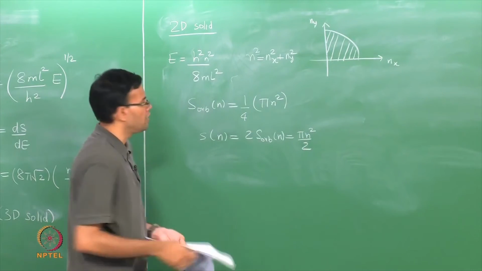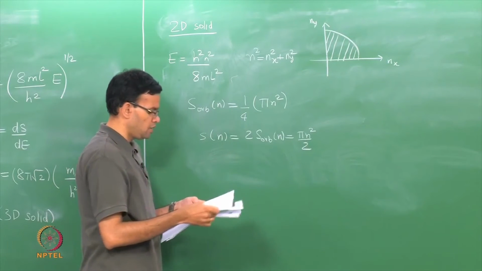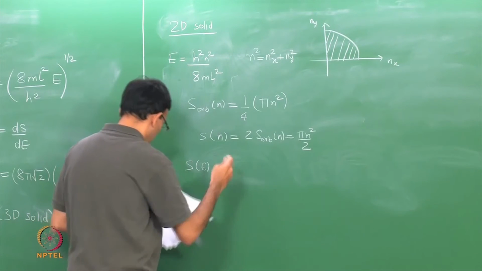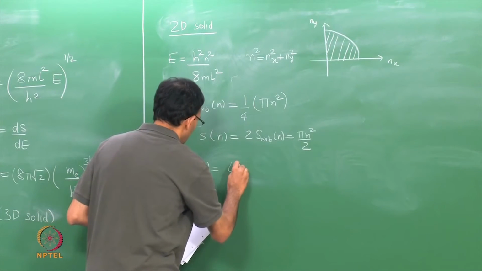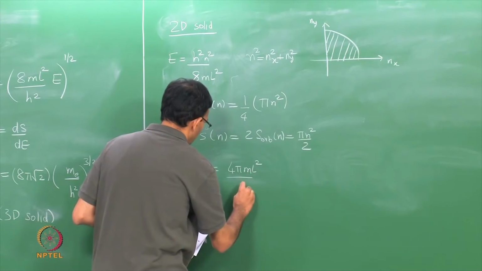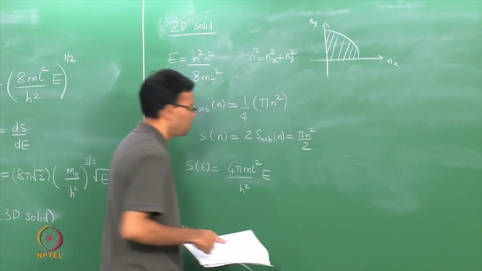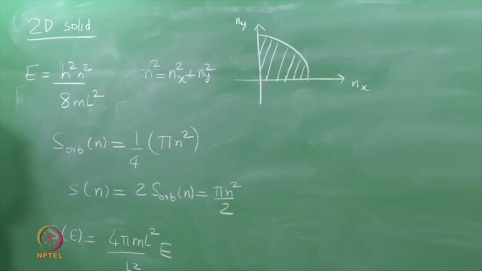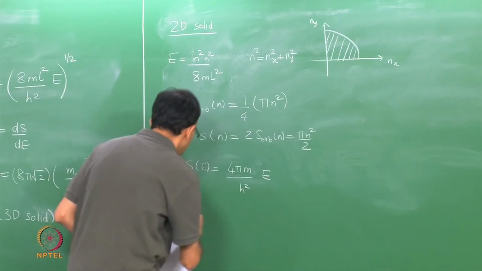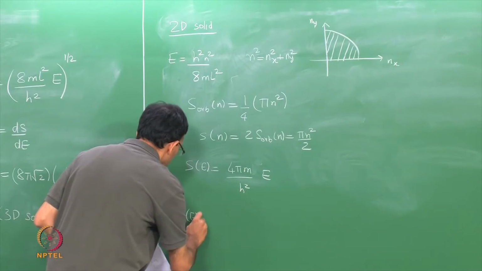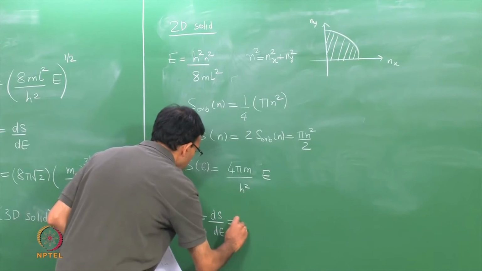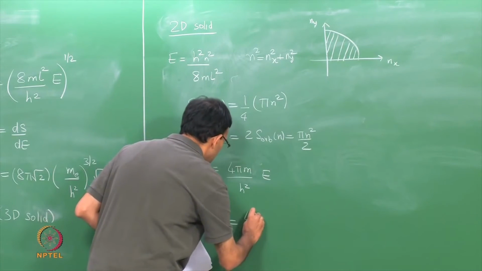So, n squared we can once again substitute in terms of energy. So, S of E we can write the expression as 4 pi m L squared over h squared times E. If you want to do this per unit volume, the L squared term goes off, and to find the density of states we differentiate S with respect to E, so that this is just a constant.